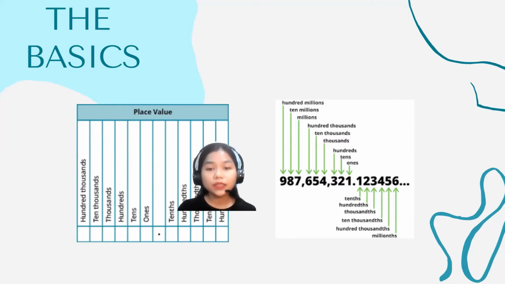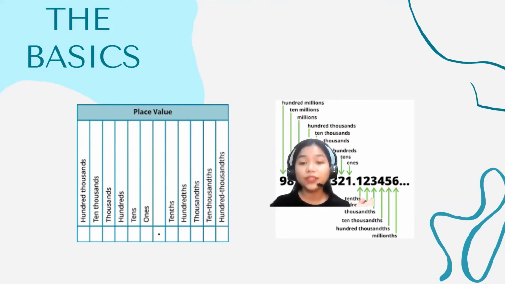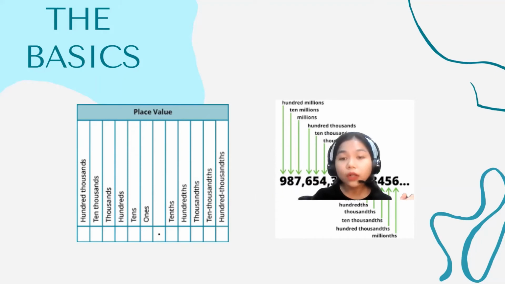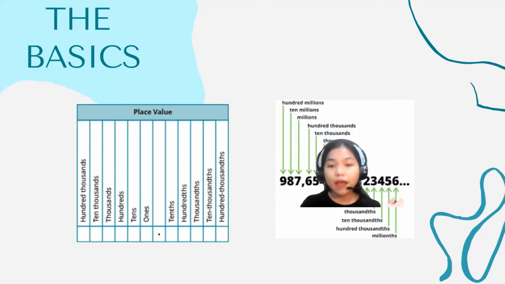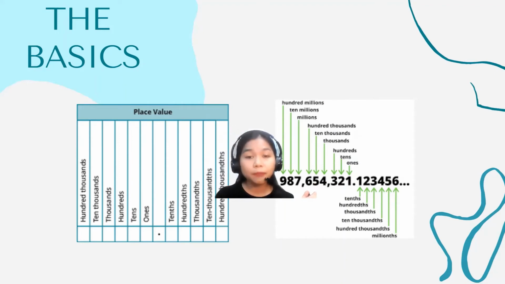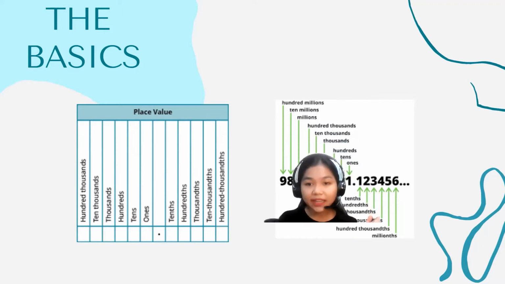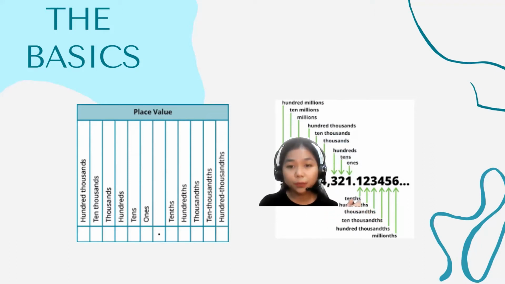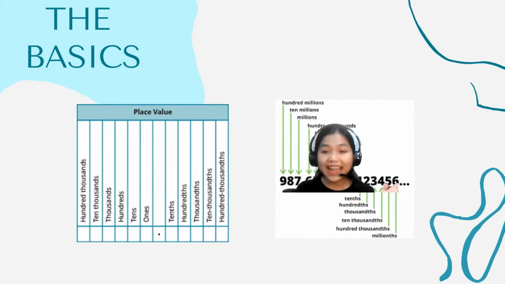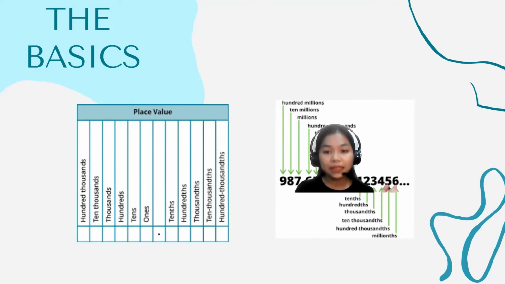So going to this example, it's 987,654,321 point, and then all of these decimal values. So if you are asked what is the decimal value of 3, then for sure the answer is thousandths, because we are actually starting with tenths. Then when asked what is the number having the decimal value millionths, then the answer is 6.